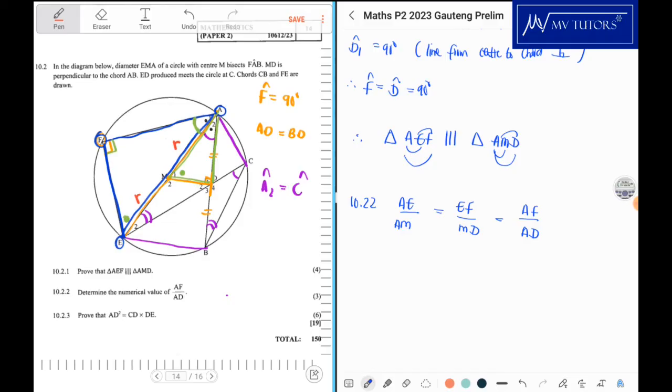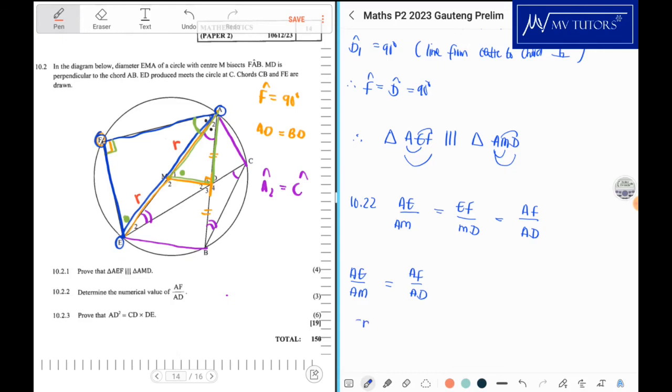EF, AE. If I were to say AE over AM, yes. So AE over AM is equal to AF over AD. And why I'm choosing AE is because that is where our diameter spans. And AE would be twice the radius, right? It's the diameter.